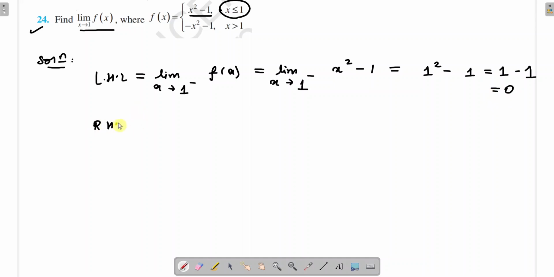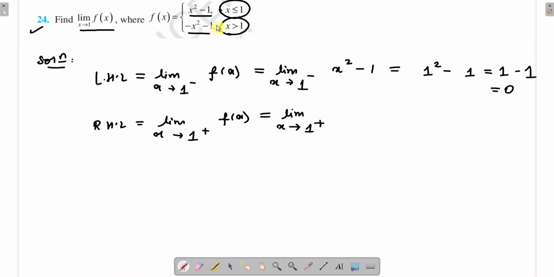Now right hand limit, let us see. Limit x tends to 1 plus f(x) will be equal to limit x tends to 1 plus. Since x is tending to 1 plus, that means x is greater than 1. X is tending to 1 from the right hand side, x is greater than 1.